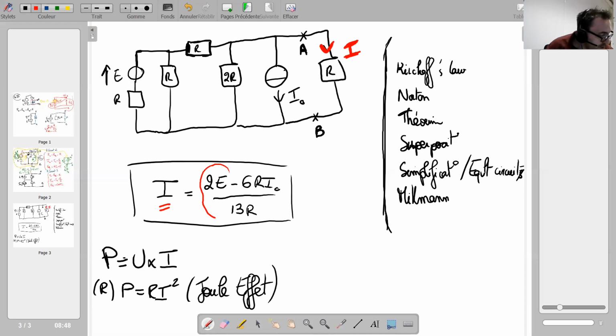You have voltages over resistors, which leads you to a current. And here, because of the simplification of the resistor, you're homogeneous to a current. So that's fine. My result is homogeneous, but it's not the same. So you may have some sign problem somewhere. I'll take a look at it.